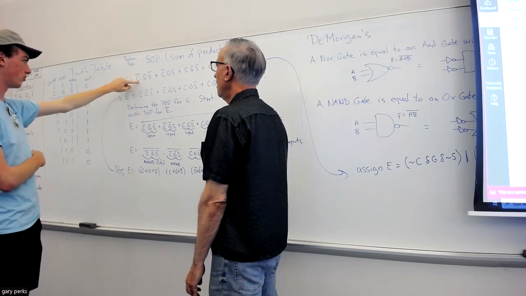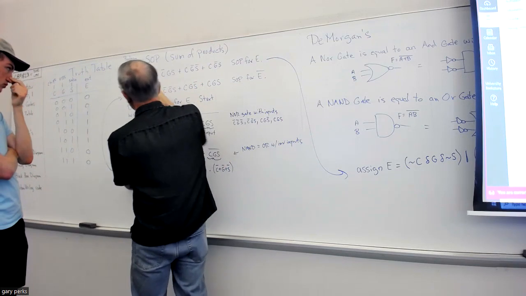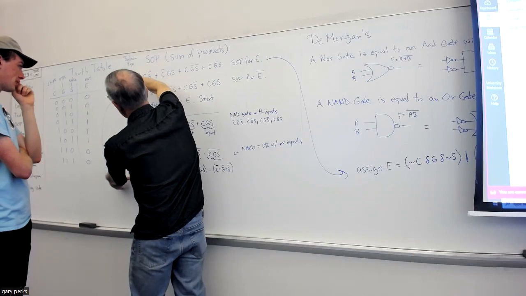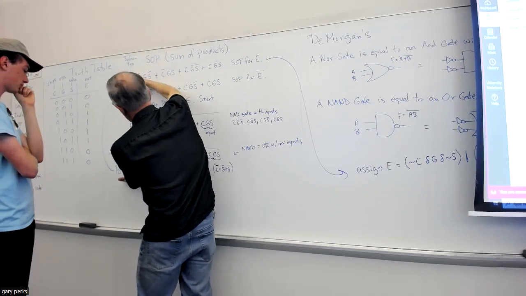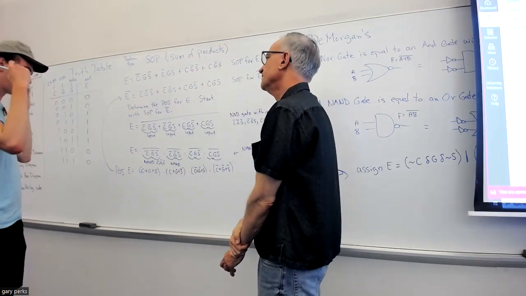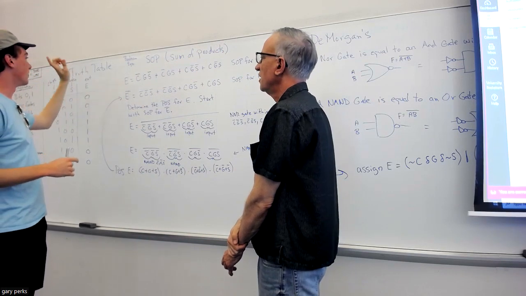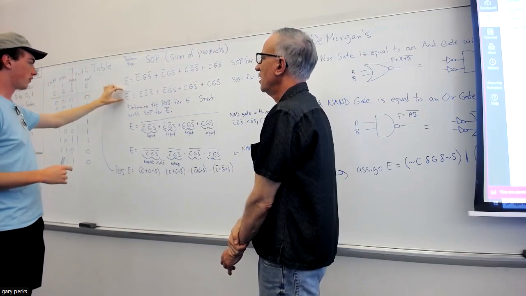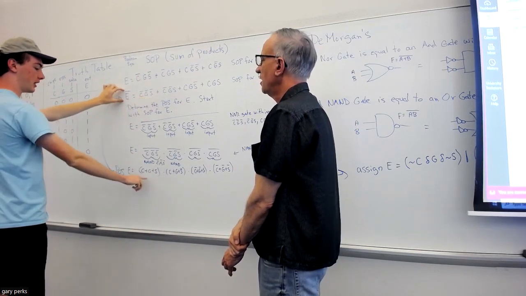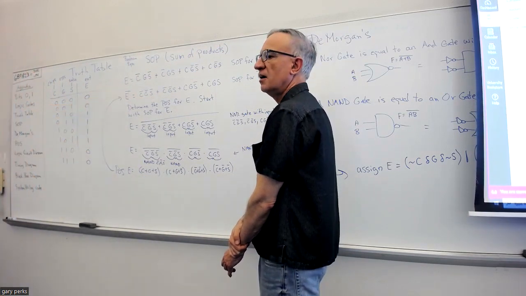Well, remember, to get POS, you have to start with... Okay, that's what those are. So for each individual one, you take the inverse, and you put it here, if that's the inputs for the key ones.